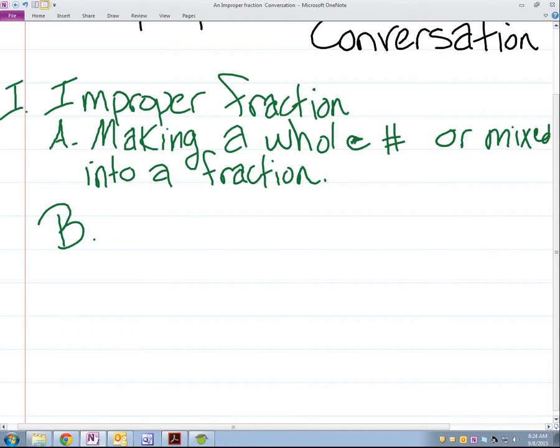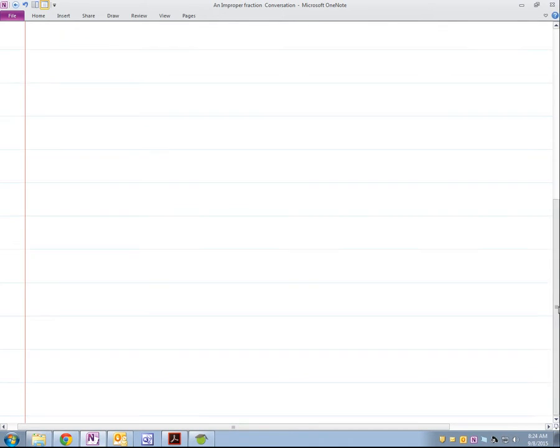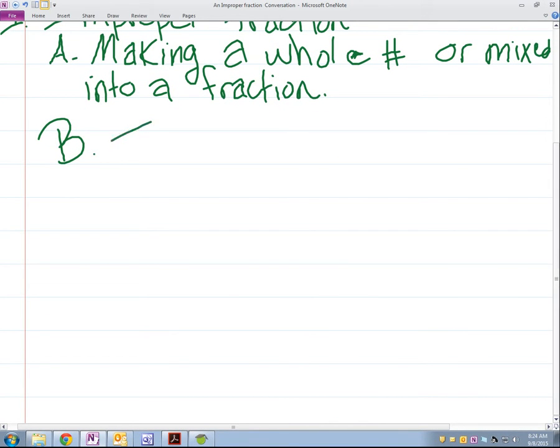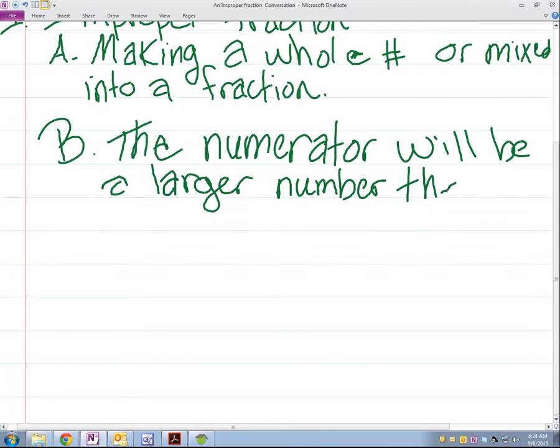Improper fraction, making a whole number or a mixed number into a fraction. I'm skipping just for spacing reasons. You can skip as much as you need to, so B. The numerator will be a larger number than the denominator.